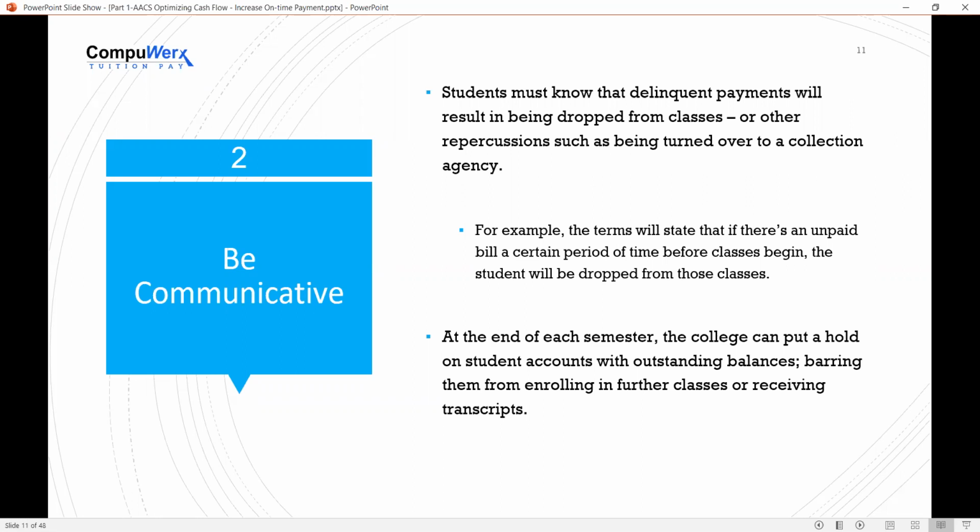At the end of each semester, the college can put a hold on a student who has an outstanding balance, and they are not going to be able to enroll in further classes or receive their transcript.